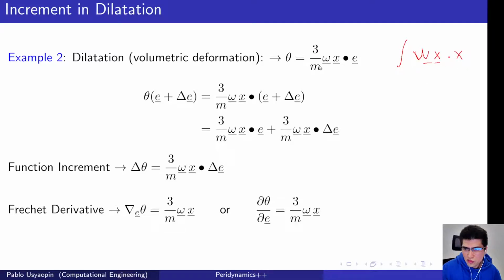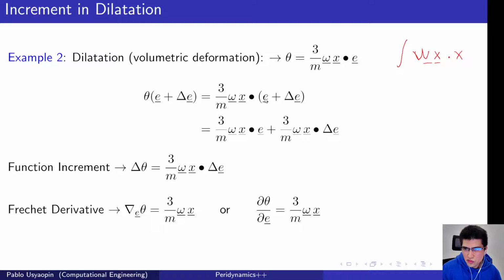This is a constant in this particular case, omega x dot e. Now you want to check how much the dilatation would change with a small increment in the bond extension e. So again, you apply the same principle.